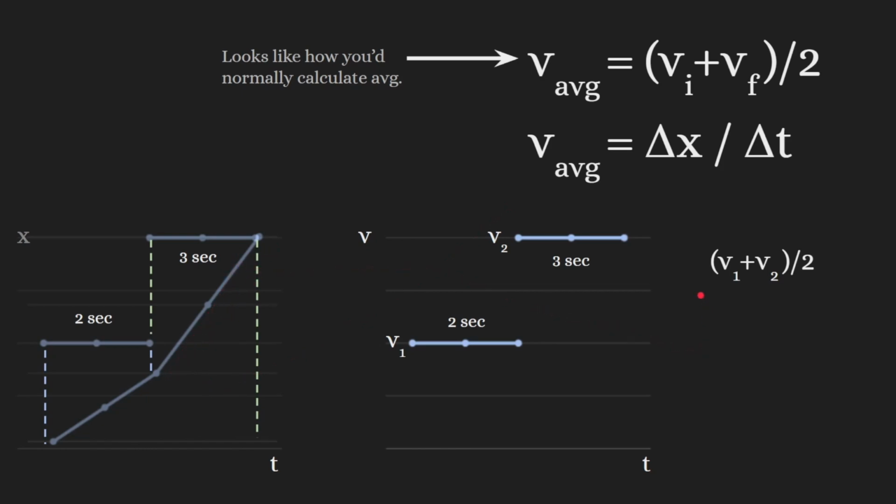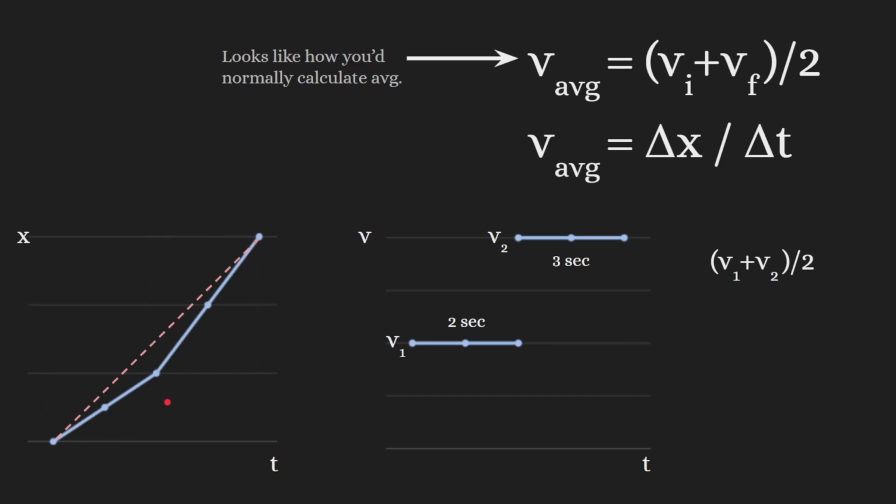This is why instead of finding the average of the different velocity points, we find the average by taking total change in position over change in time, which basically is just averaging out the line and then figuring out velocity from there. Weird? It's a little weird, I understand. But that's just how it works.